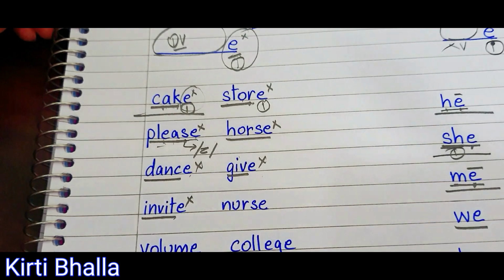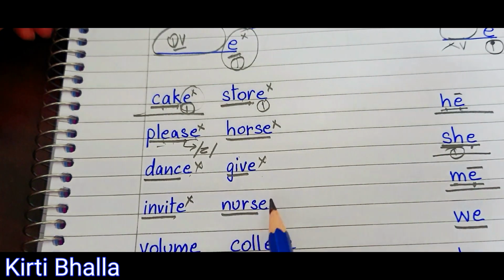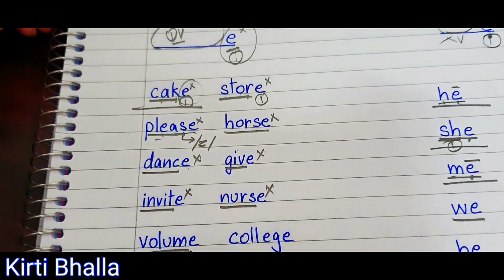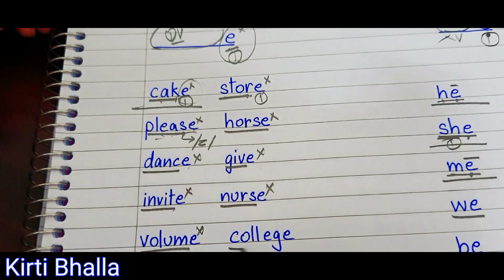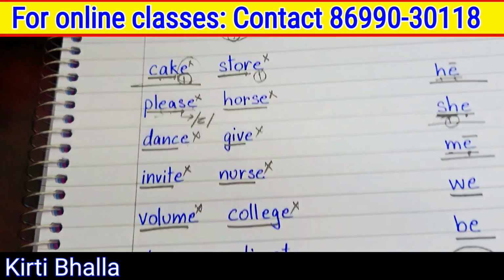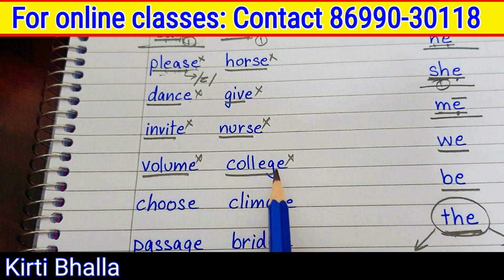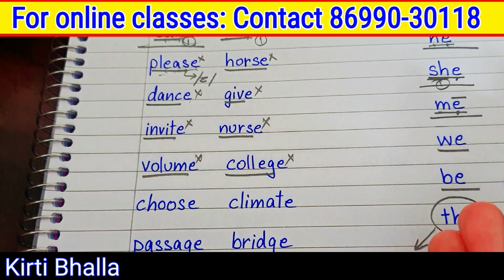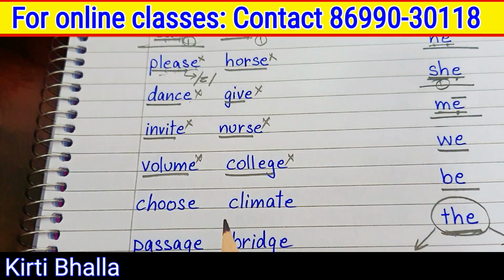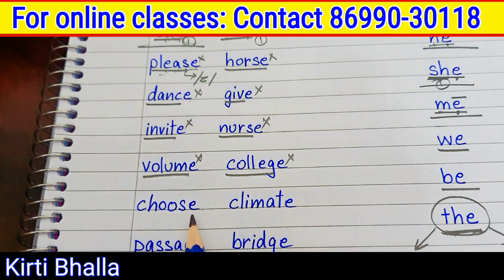Invite. Last E is silent. Nurse. Volume. Last E silent. College. Last E silent. I am not telling you why we are writing the single E at the end. That's a different topic basically. So I'm just telling you why we don't read the last single E.